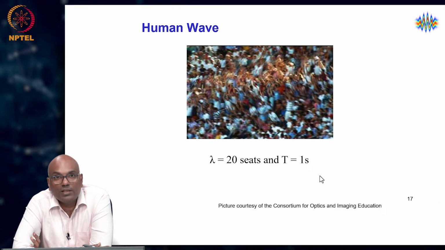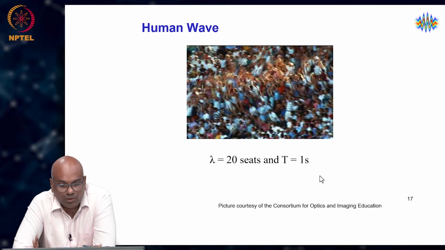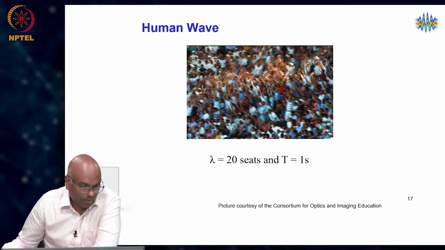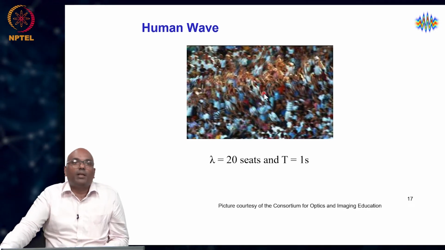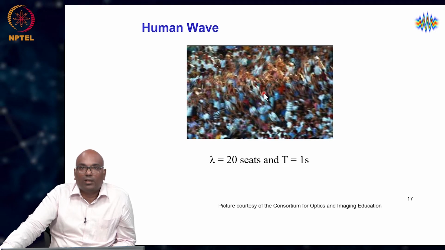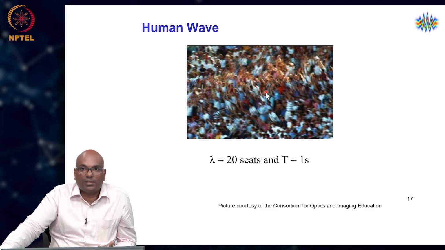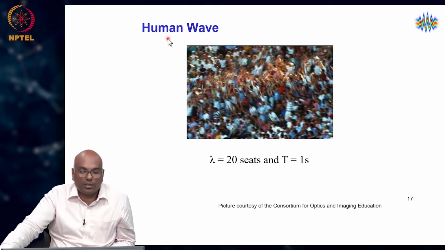One often sees in these stadia very motivated or inspired fans doing what we are describing in this picture here. They get up and sit down from their seats in the stadium to form a wave, which sometimes is called a Mexican wave in certain contexts, but it is a human wave.